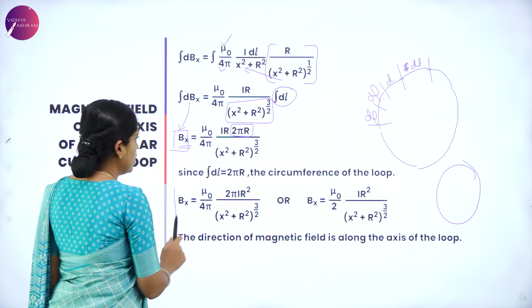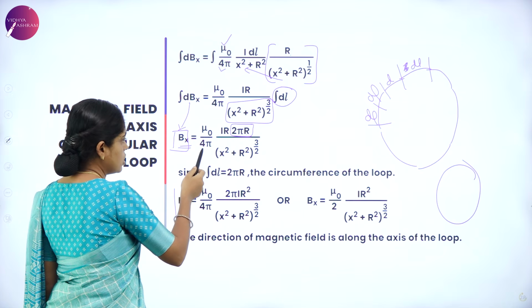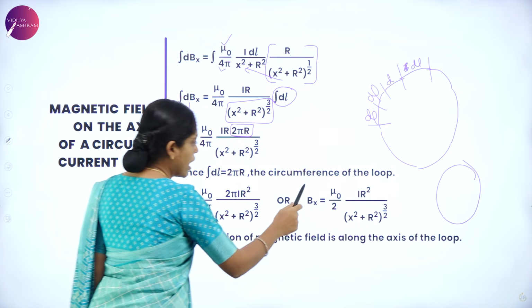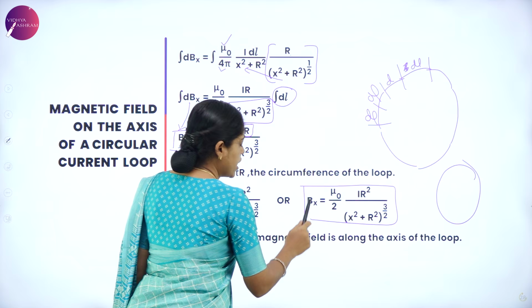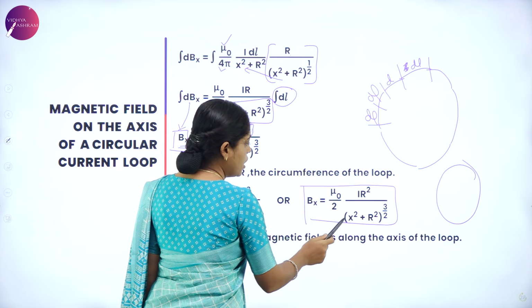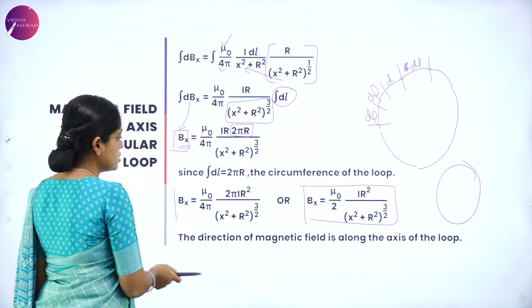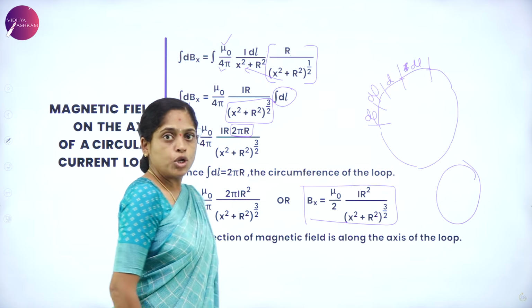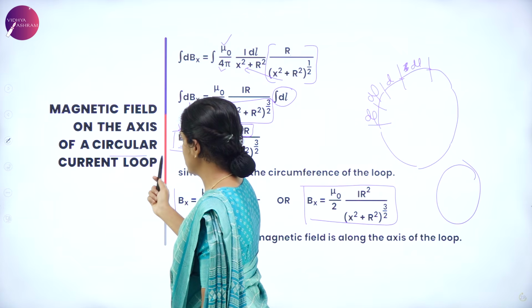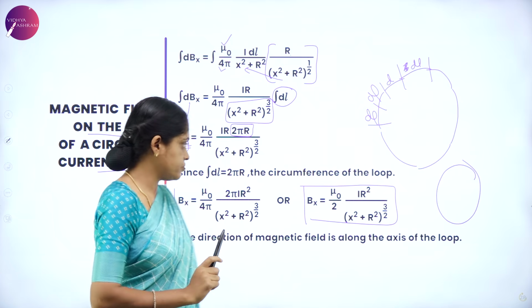And finally, multiplying this r and cancelling out this 2 pi, you have B along the x-axis equal to mu naught by 2, I r square by (x square plus r square) whole to the power of 3 by 2. This is the magnetic field due to a current carrying circular loop on its axis.